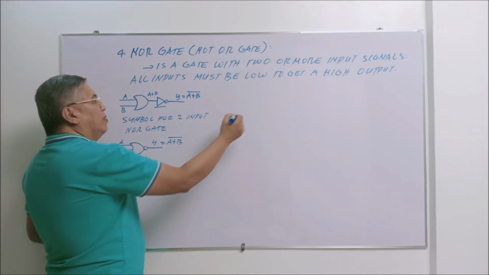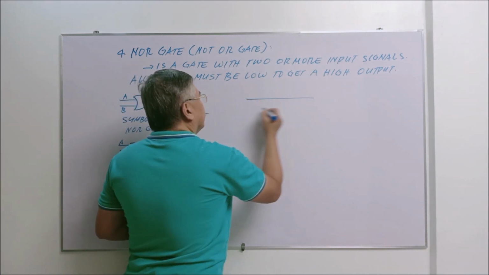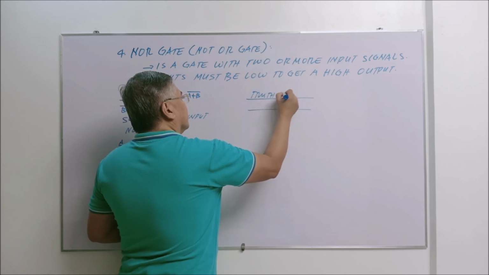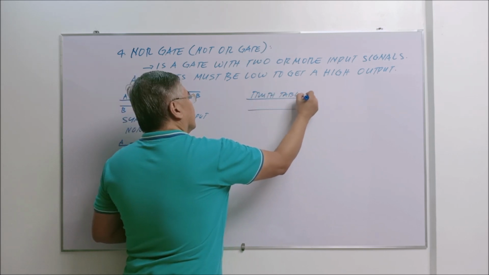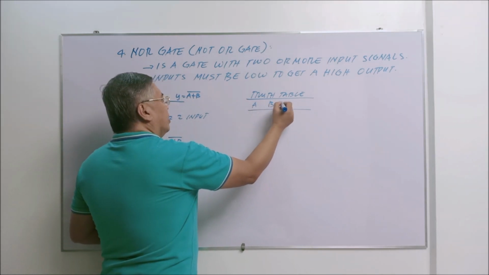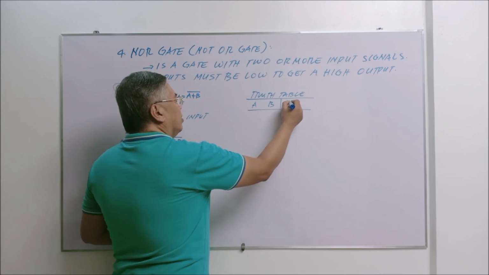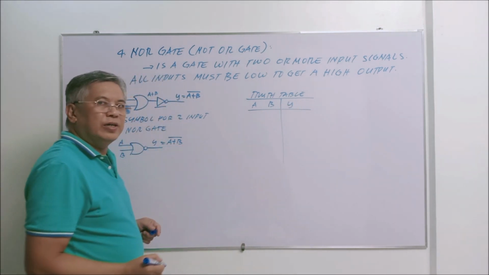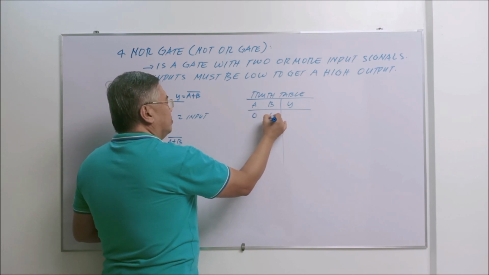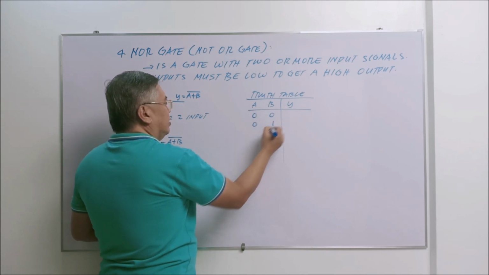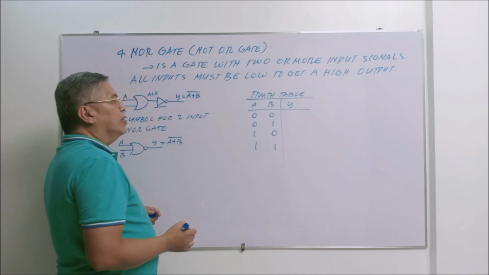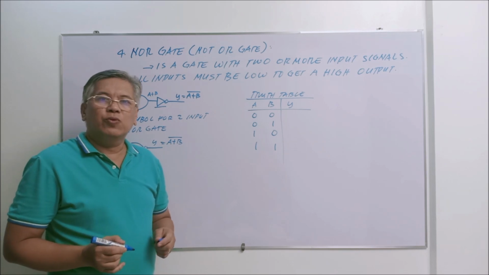Now, how about the truth table of the NOR gate? You have inputs A and B, and then you have an output Y. The combinational values of A, B are 0,0; 0,1; 1,0; and 1,1. What will now be our output Y?